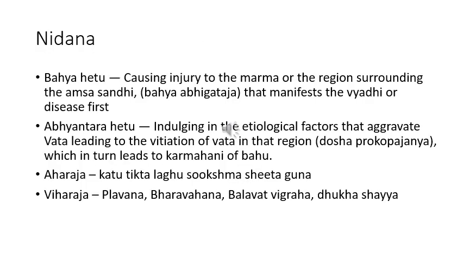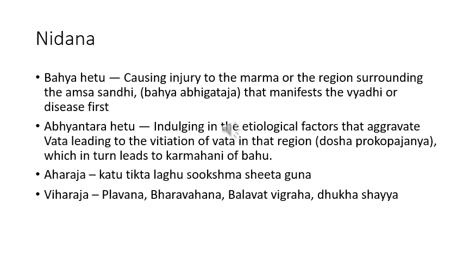When we consider the nidanas, since it's a vata vyadhi, almost all the causes which vitiate vata, told in the vata vyadhi samanya nidana, can be included here. It can be divided into Bahya Hetu and Abhyantara Hetu. Bahya Hetu means injury to the marma or trauma to the region surrounding the Amsa-sandhi, an external force, which leads to the manifestation of the disease first.